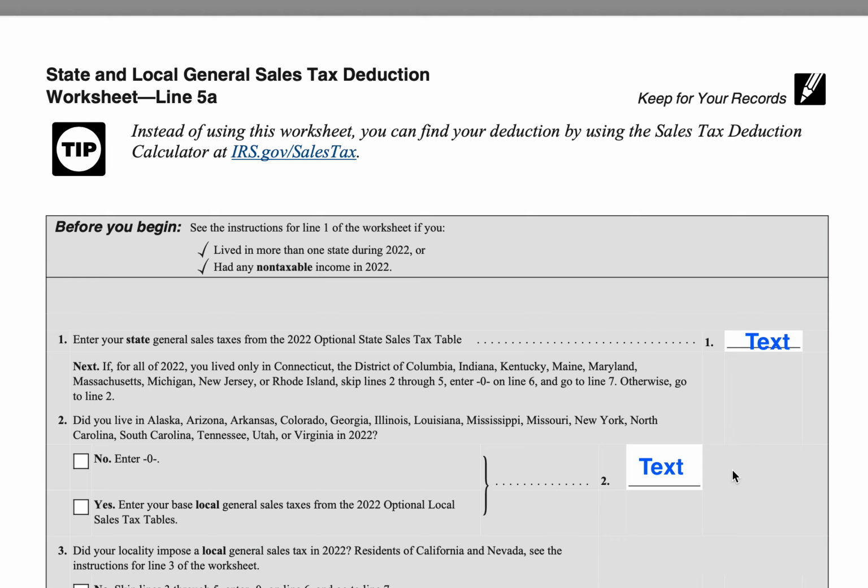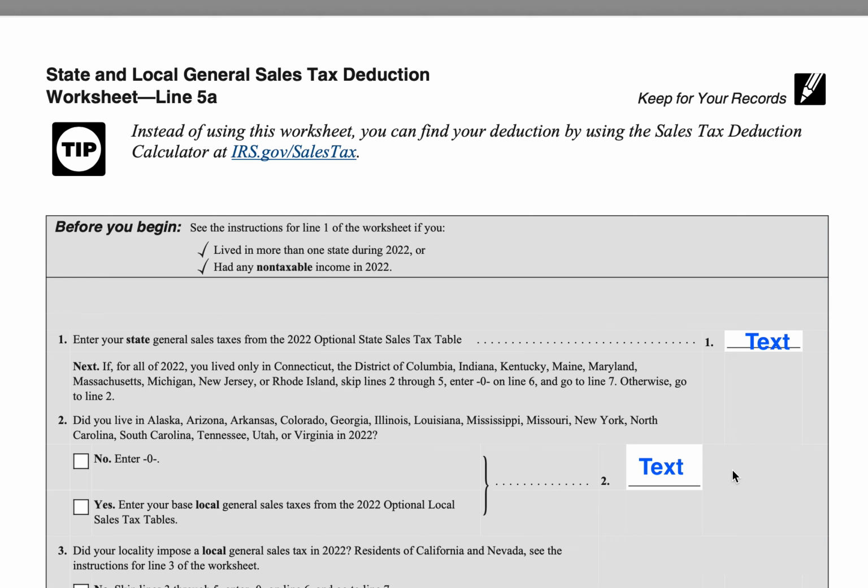If you bought a car or another vehicle, a motorhome, or significant amounts of furniture, for example, any big-ticket expenditures, you might be better off actually keeping your receipts for that.